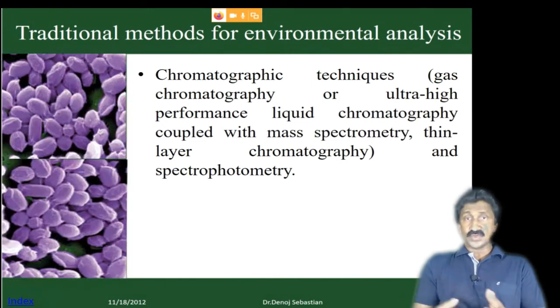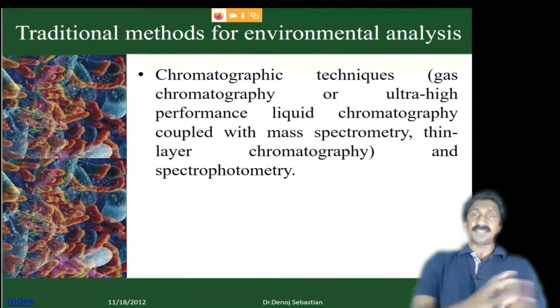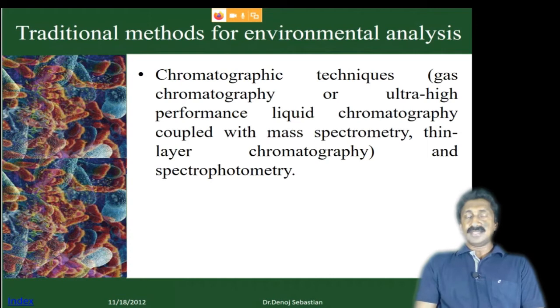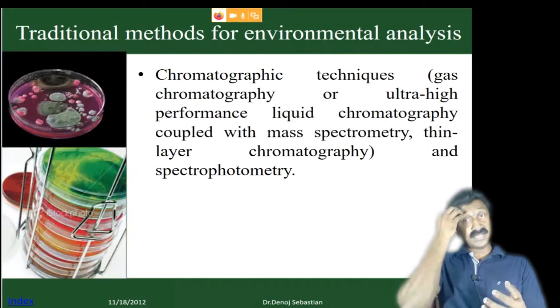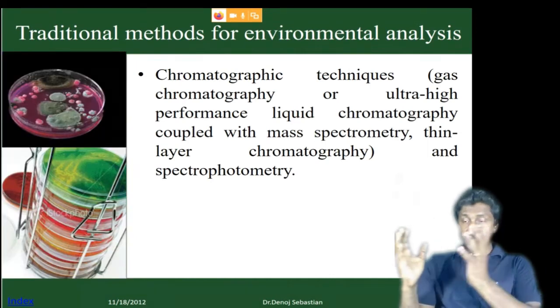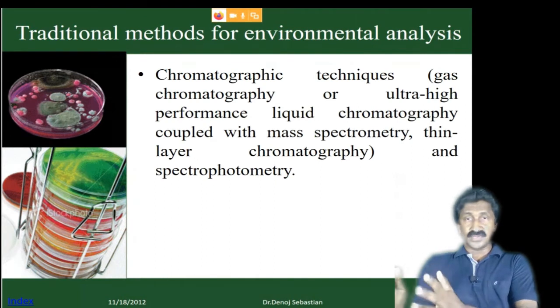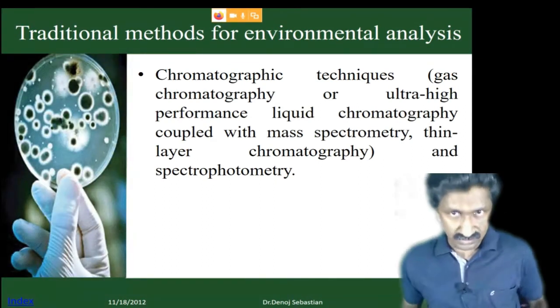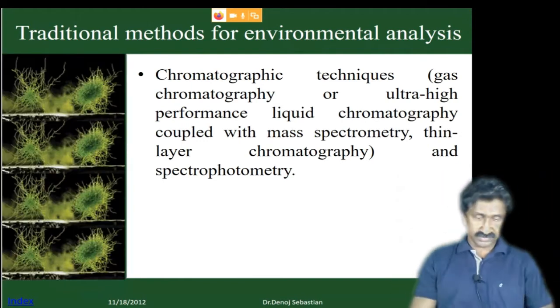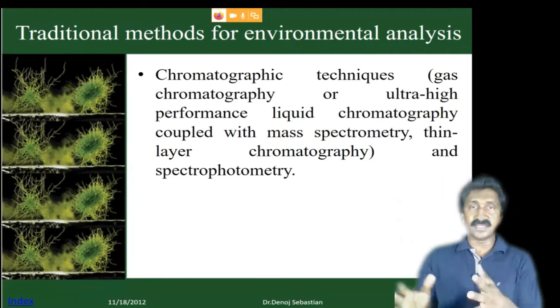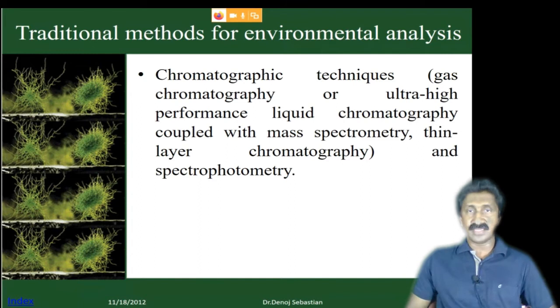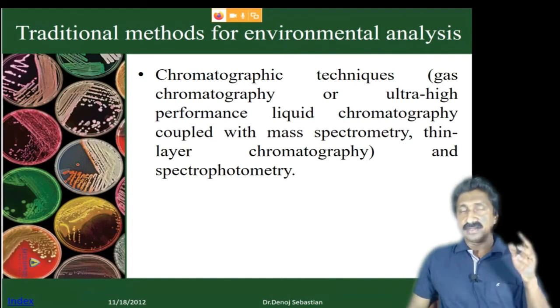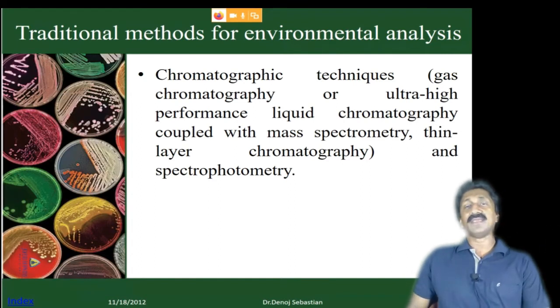And there is MSMS also, that is a mass spectroscopy again coupled with another mass spectroscopy, which means initially you will have a liquid chromatography in which the analyte or the sample that you want to analyze will be fractionated, and each fraction will be given to the mass spectroscopy.